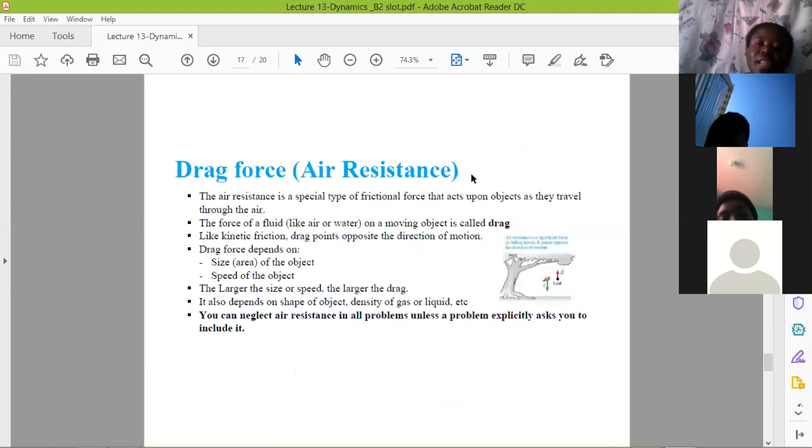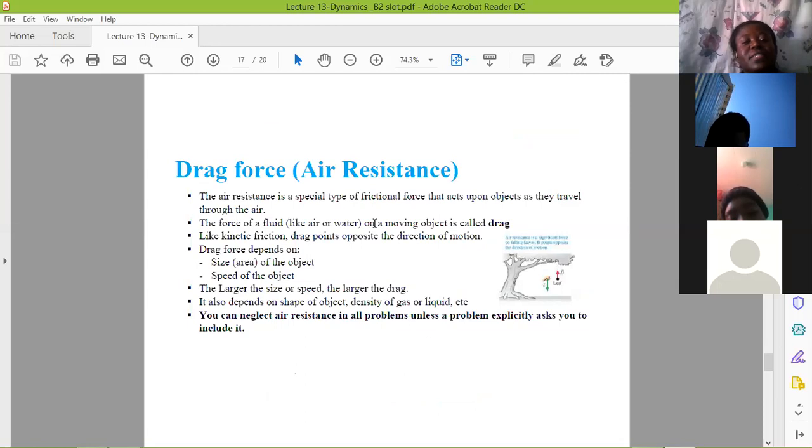Okay, so we have another force which actually doesn't play much of a role in our work. We are not going to look much into this, but this force is called drag force, or the air resistance. What we have been doing has been without air resistance.